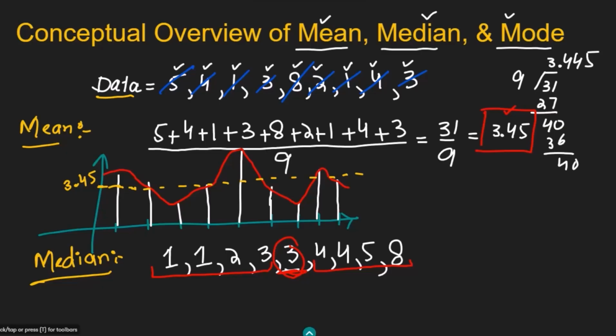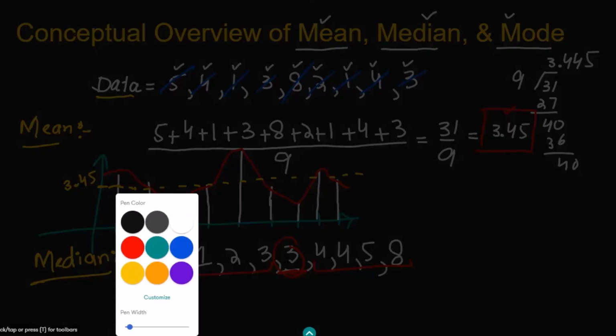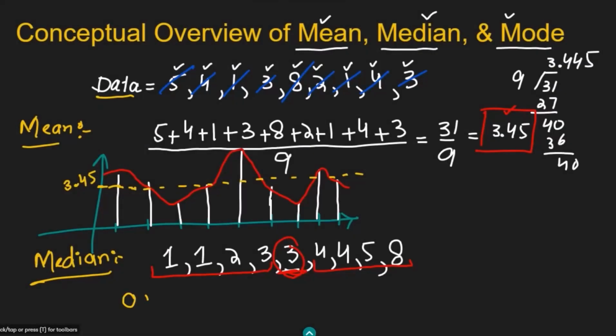So this is the median, and in this case we have an odd number of values. So let me write it: in values where we have odd numbers, the median is the mid value of the sorted data.